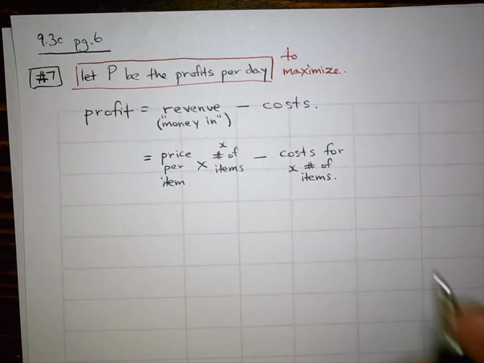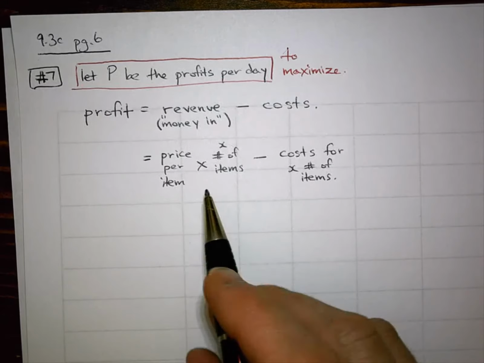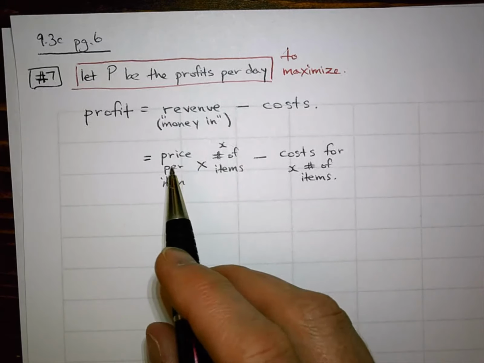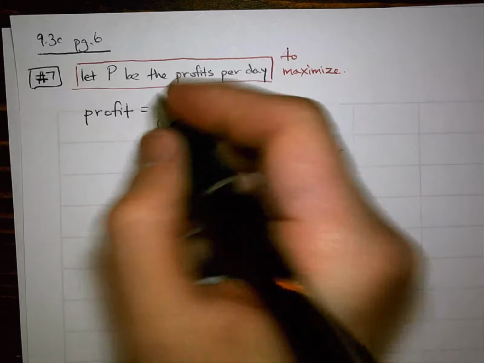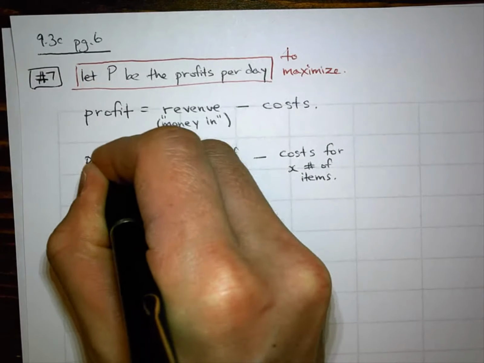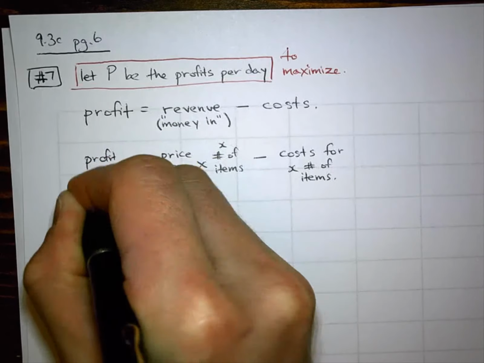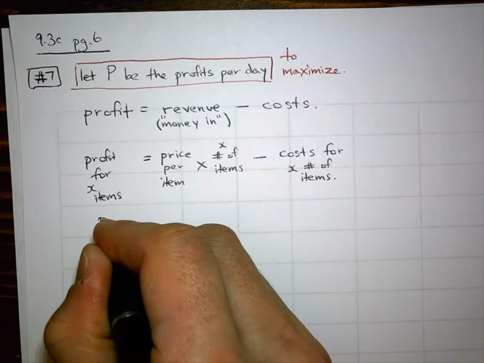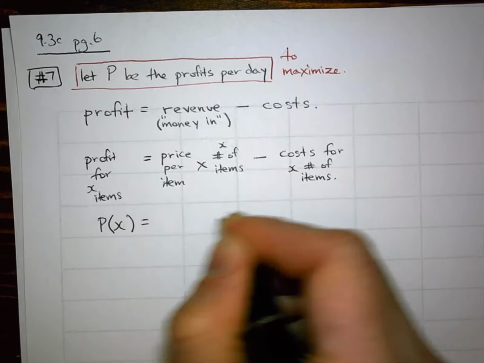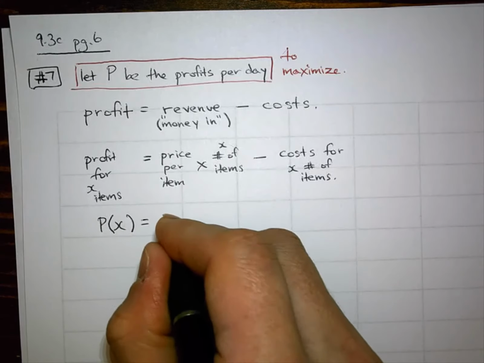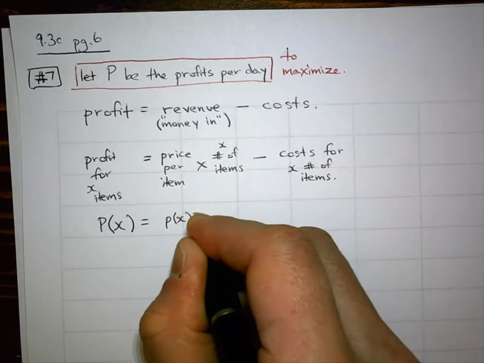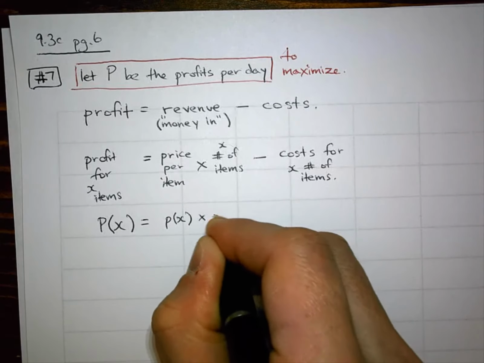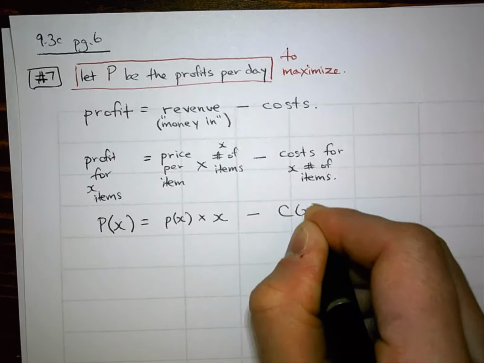So we end up, so the profit for, let's call it the profit for X items. So we'll call it big profit at X is equal to the little p at X. So the price times the number of items minus the cost.